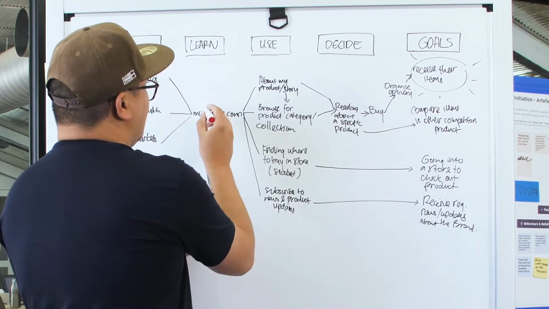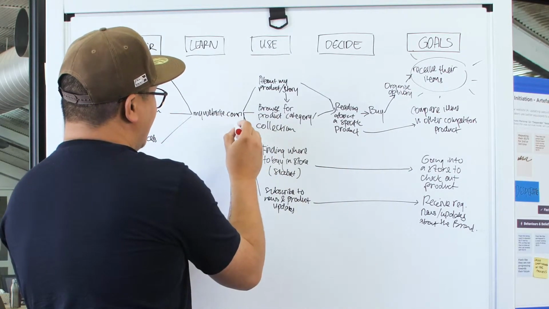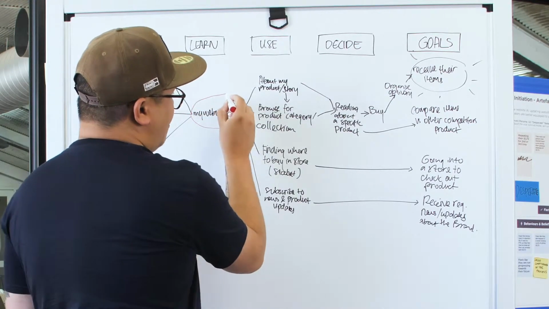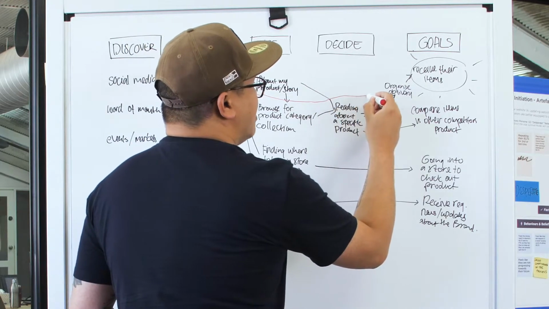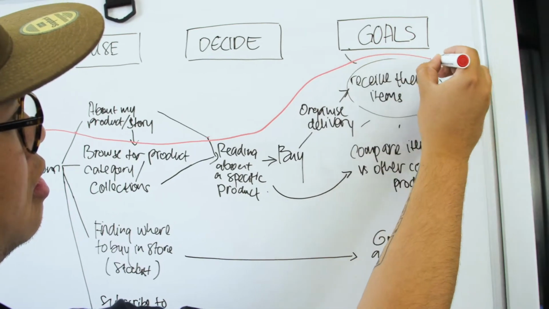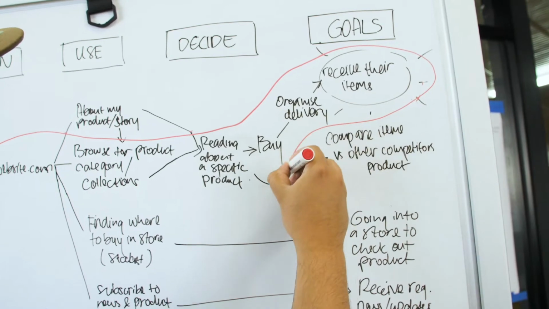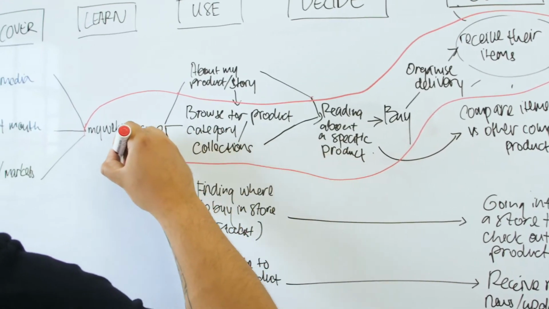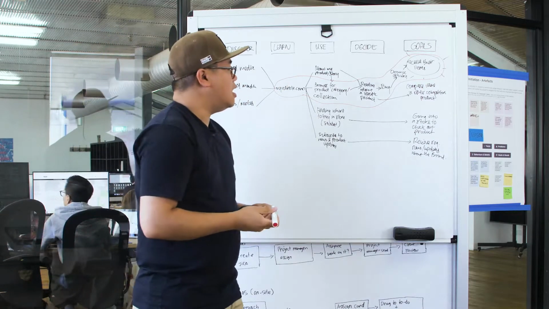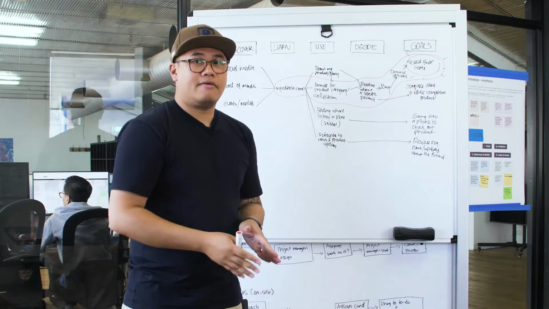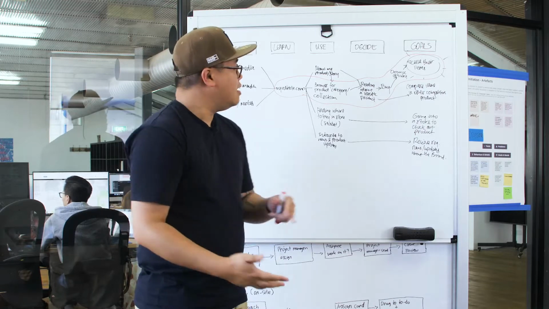So I'm going to circle everything that has a relation to shopping, which is browsing for my product, reading about my product, buying, organizing delivery, receiving the item. The ones that I've highlighted there in red are going to be the focus for what we're going to do in the next one week.